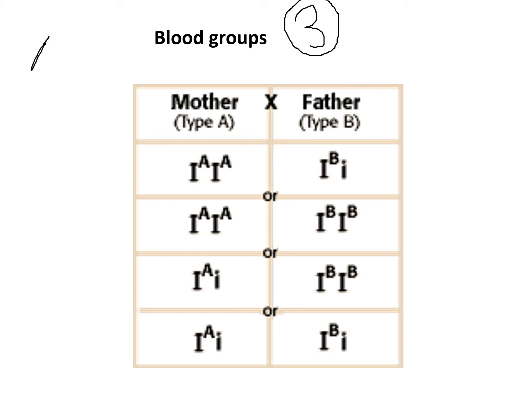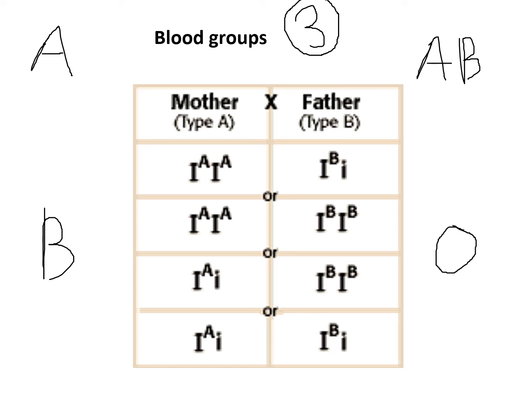There are 4 types of blood groups in humans: A type, B type, AB type, and then lastly we have blood type O.